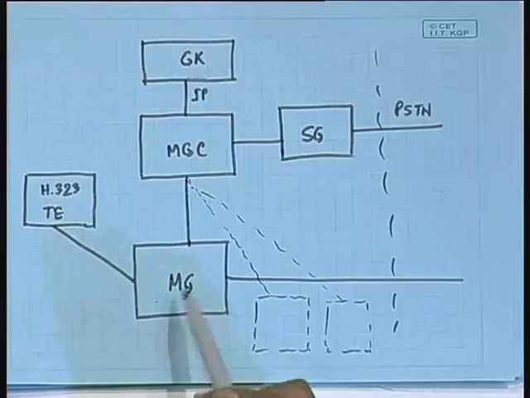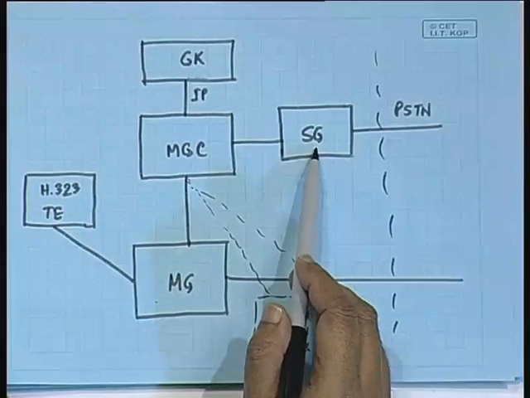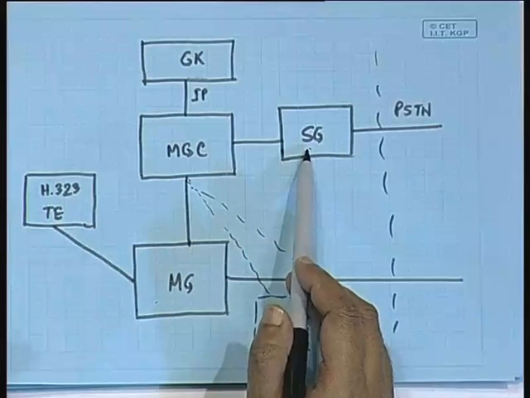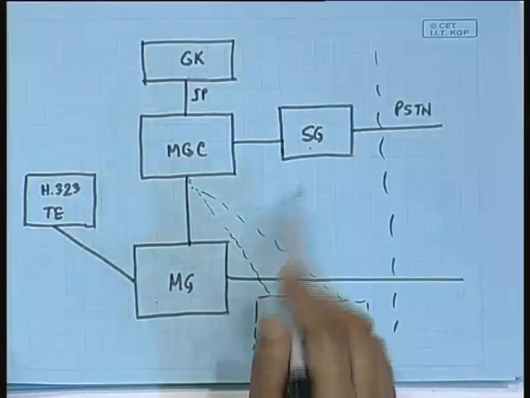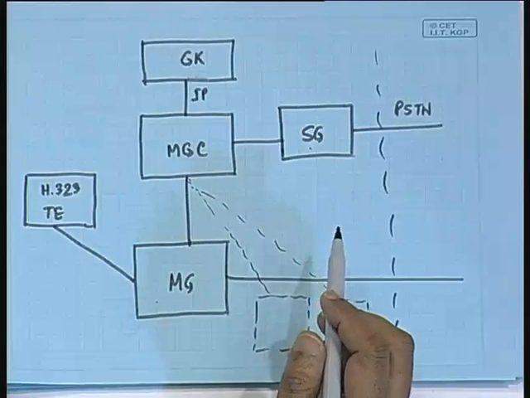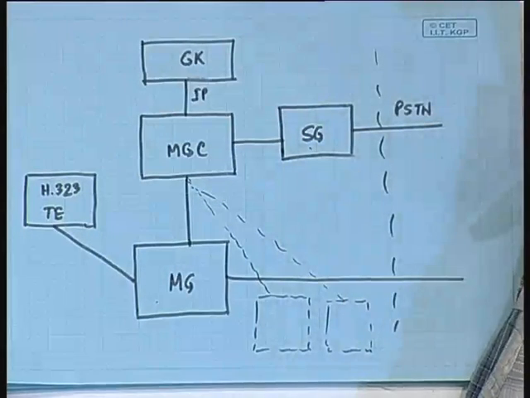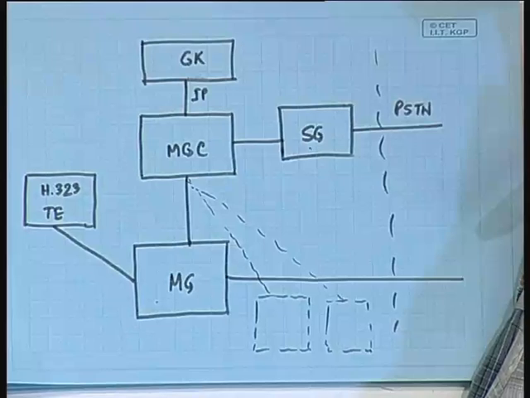Because the SGs are now underburdened, we do not have a single gateway to take care of everything. So, that is why in these SGs we can build in the SS7 capability also, so that whatever difficulty we had because of the lack of SS7 connectivity can also be taken care of.